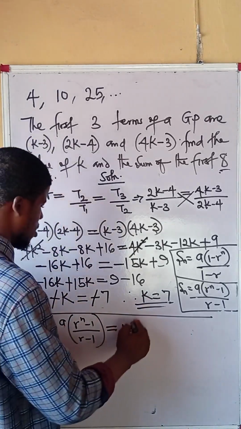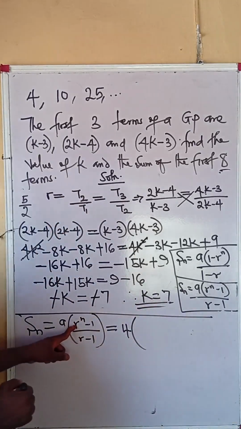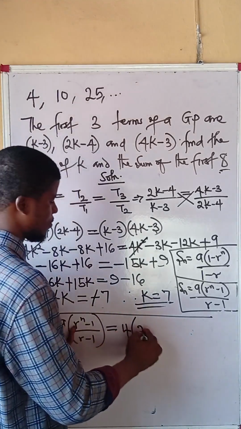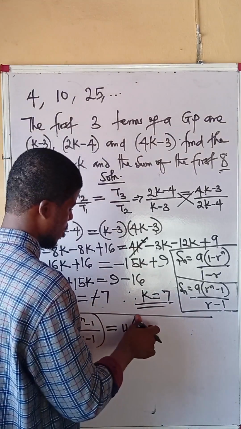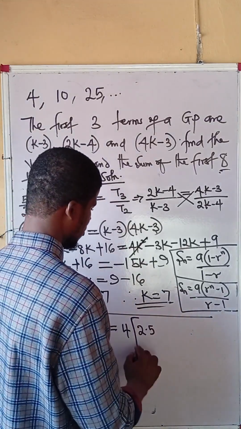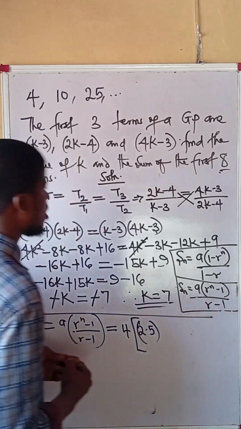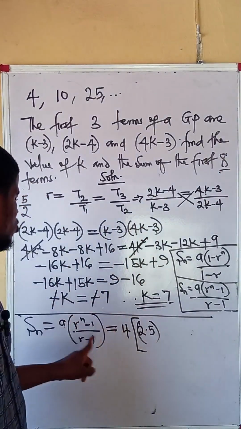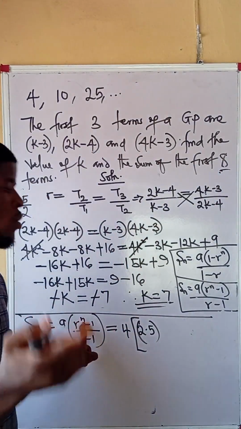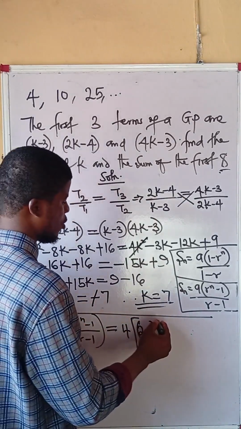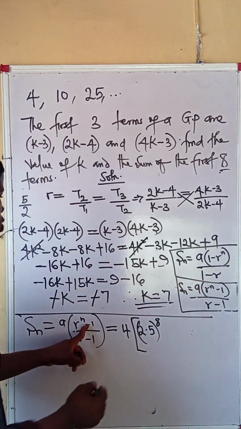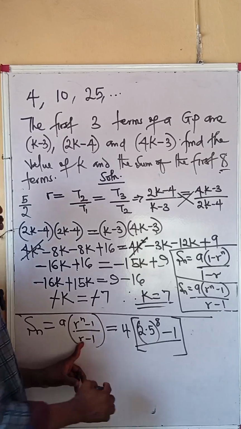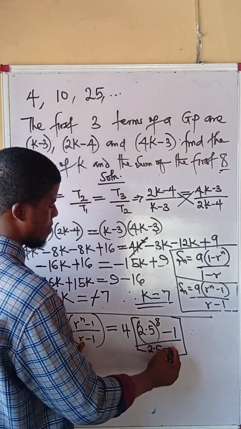So that will be 4 into r, the common ratio, which is 2.5. The question asks for the sum of the first 8 terms, so n is equal to 8. This is raised to the power 8 minus 1, divided by 2.5 minus 1.